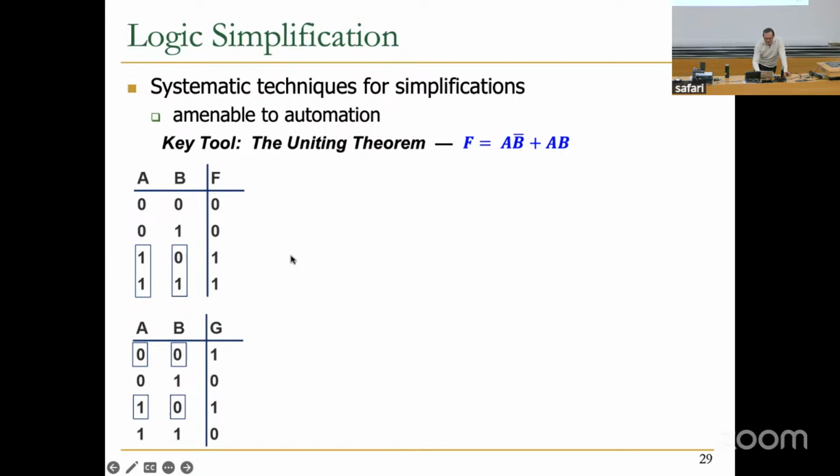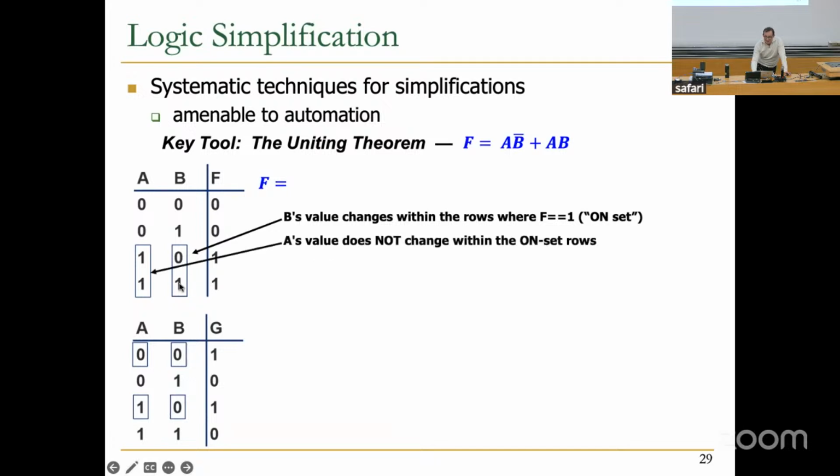If you look at this function, B's value changes within the rows where F is equal to 1. This is called the onset. Essentially, F is equal to 1, which is when the function is on, which means that you can eliminate B. A's value does not change within the onset rows.